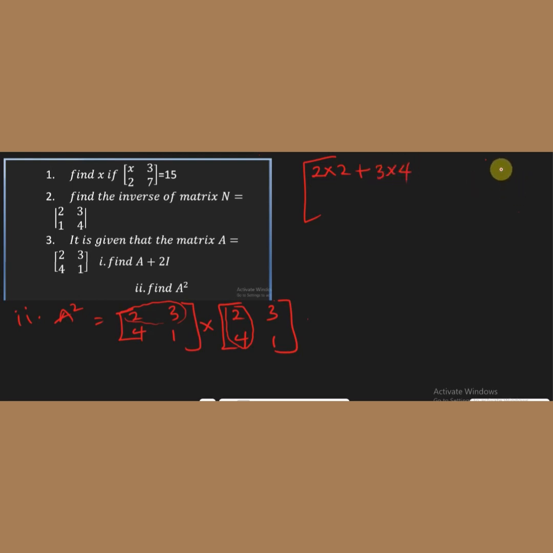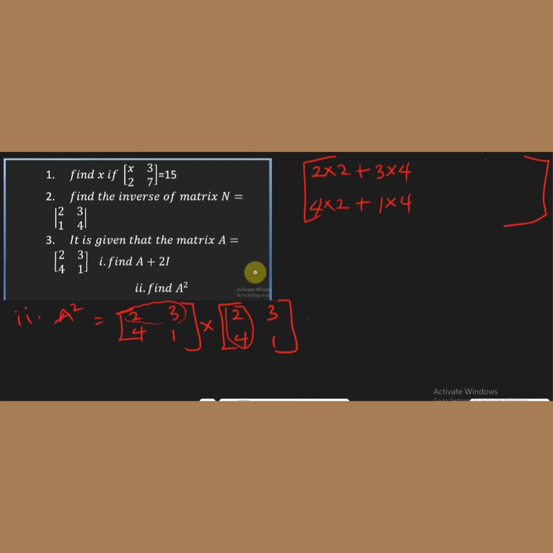Then 4 times 2 plus 1 times 4, as this row against this column. Now I'm going to use this row again to multiply this column because I'm done with this.